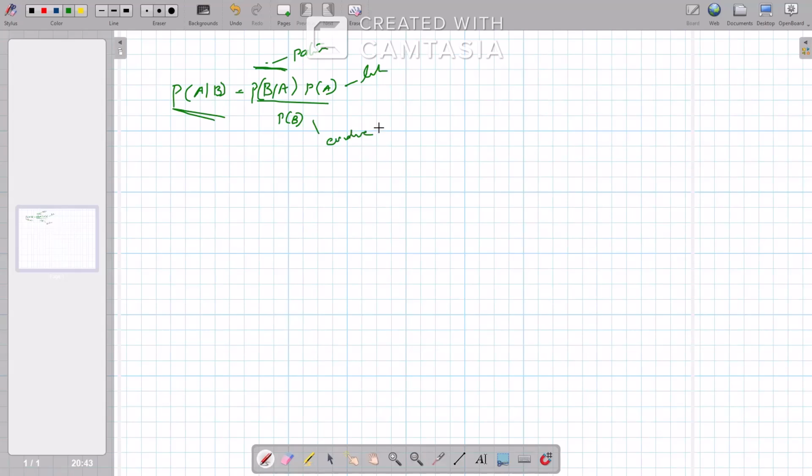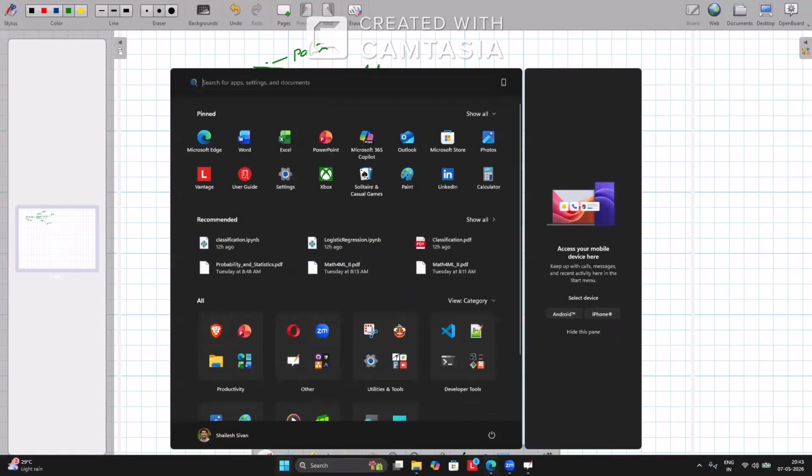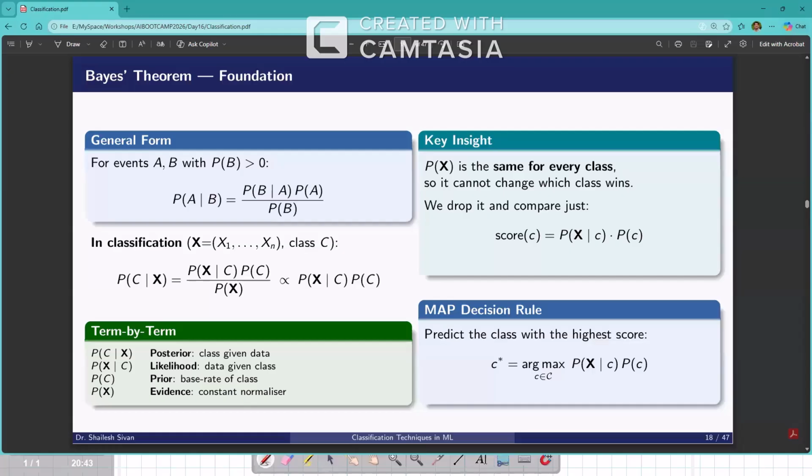I think I made a confusion. That is not posterior.